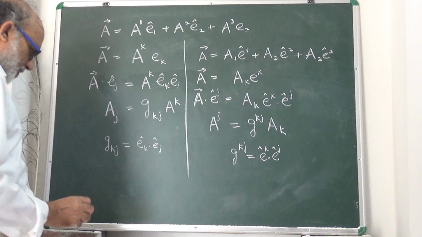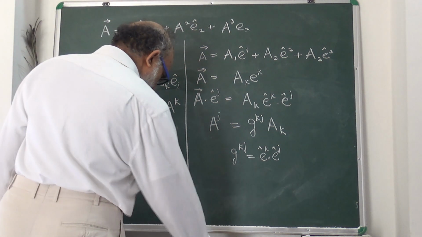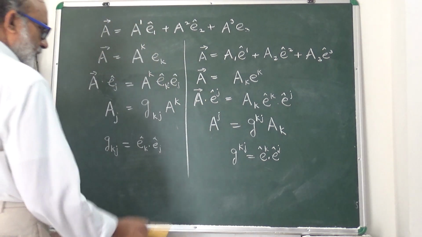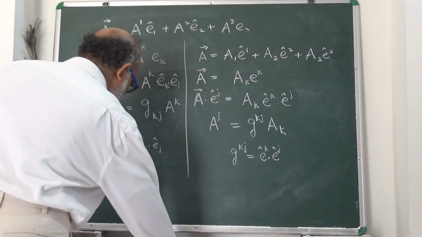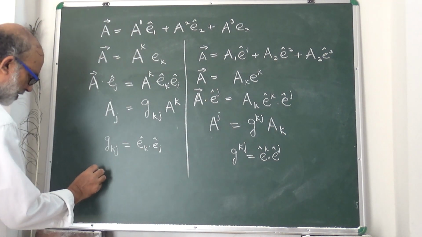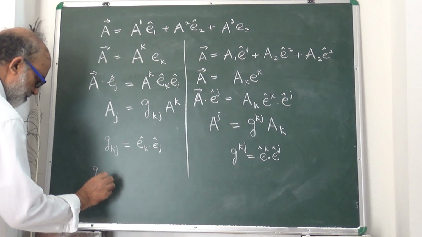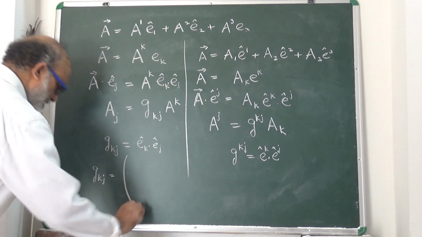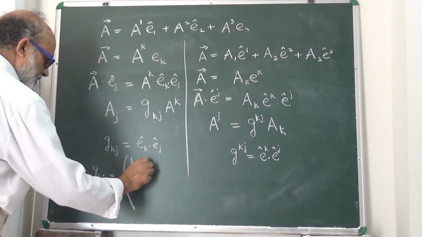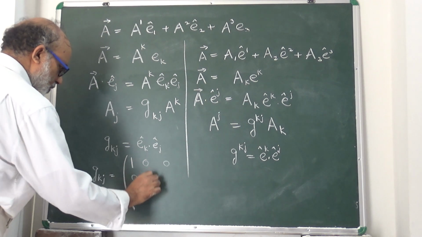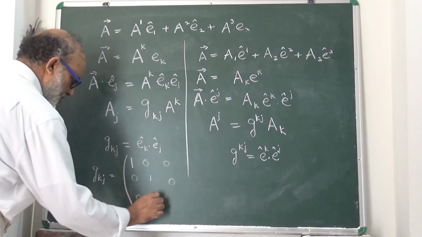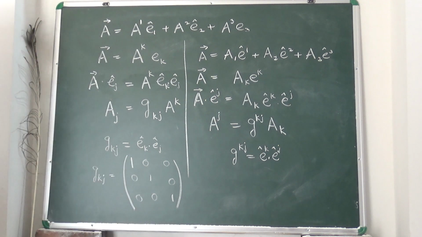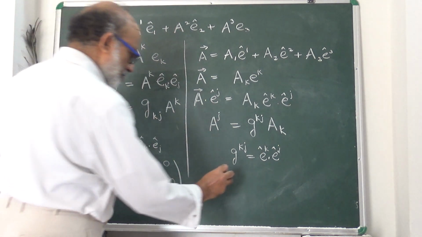Now, in the case of relativity, you will find that this G KJ is a matrix. In the Euclidean case it's 1, 0, 0, 0, 1, 0, 0, 0, 1. Similarly here also.